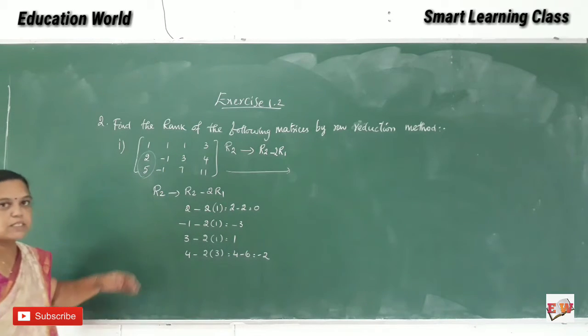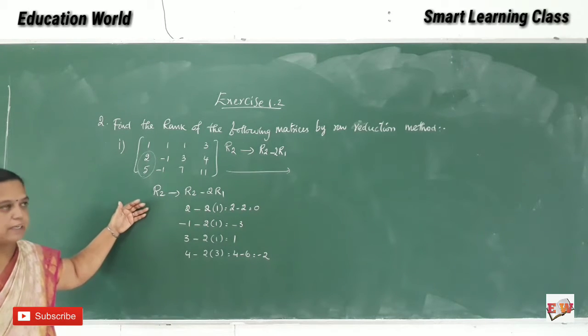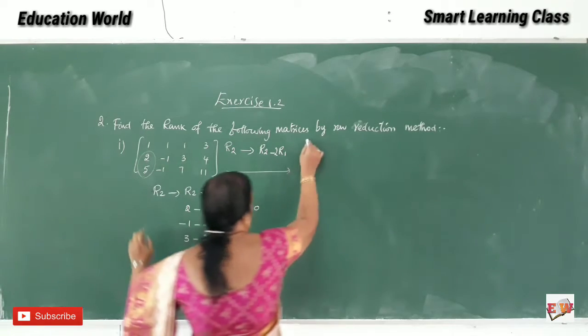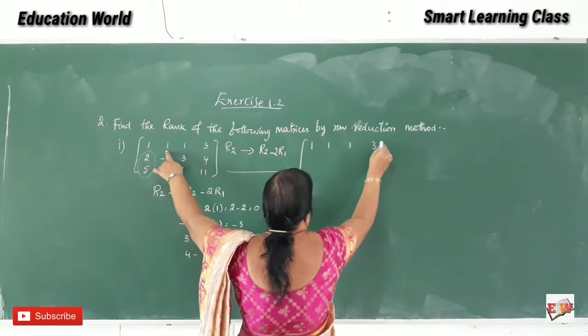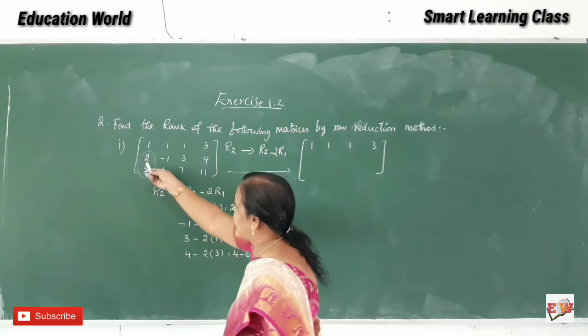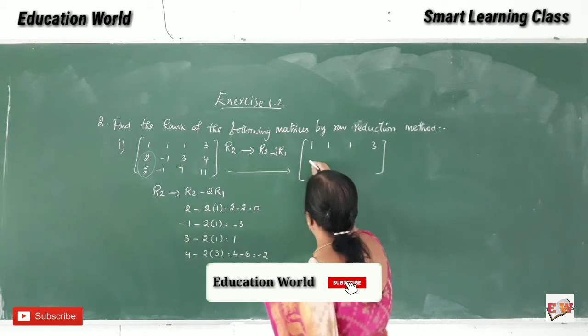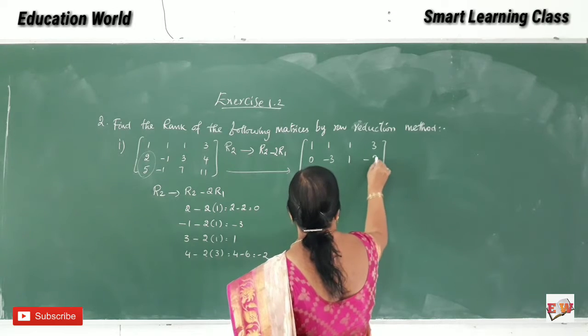You just do this simplification separately, then only we can do it correctly. We have to write the first row as it is. Second row we transformed to 0, minus 3, 1, minus 2.